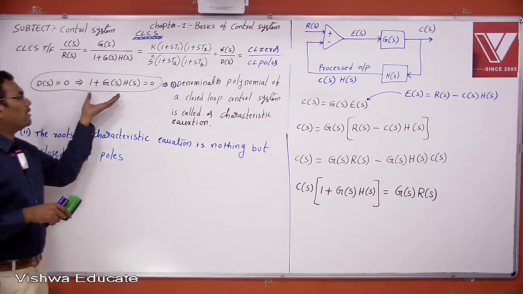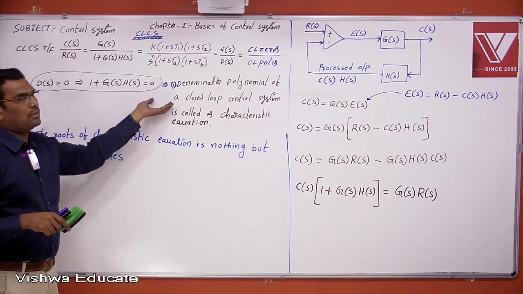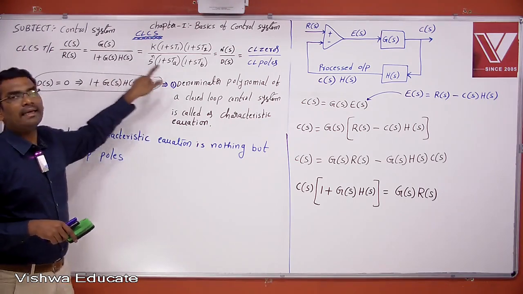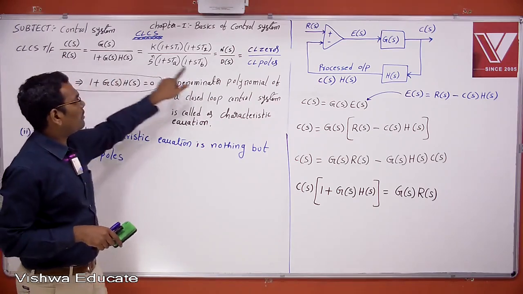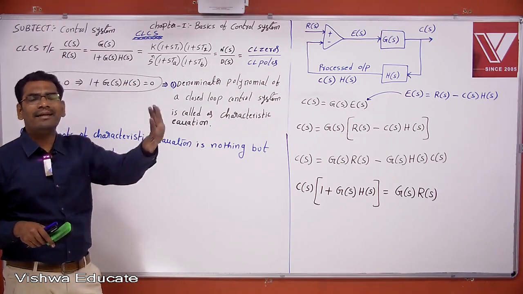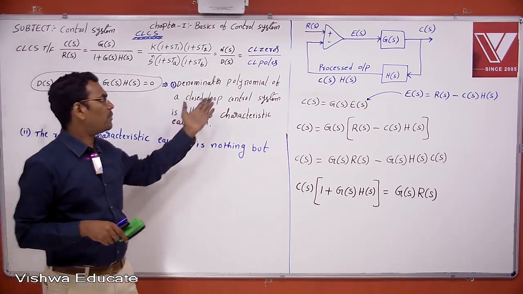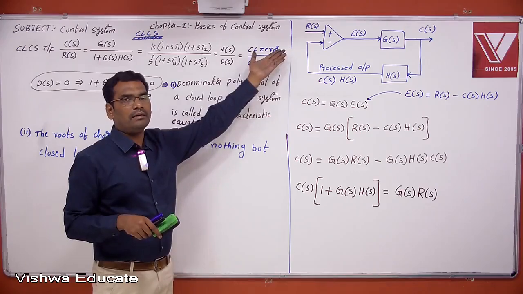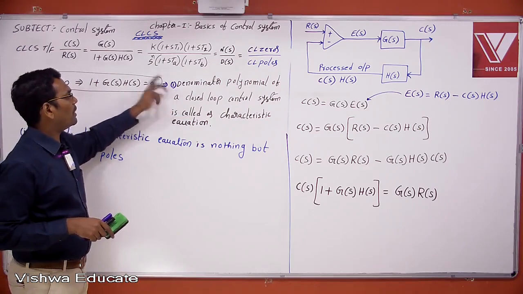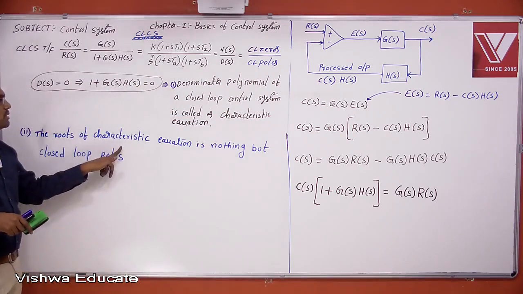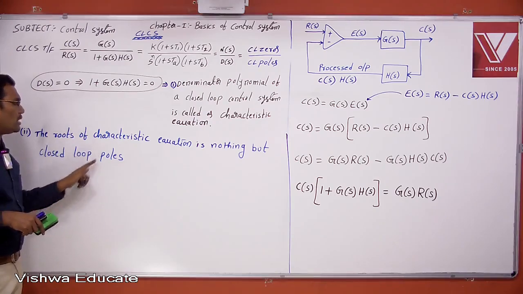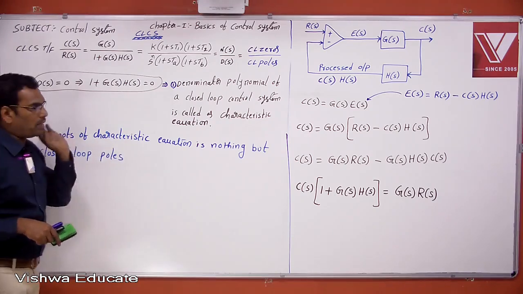What is there in the characteristic equation? The characteristic equation consists of closed loop poles, because the denominator polynomial is totally related with closed loop poles. The numerator polynomial is denoted with zeros. Therefore, the characteristic equation is the denominator polynomial, and its roots are nothing but closed loop poles.